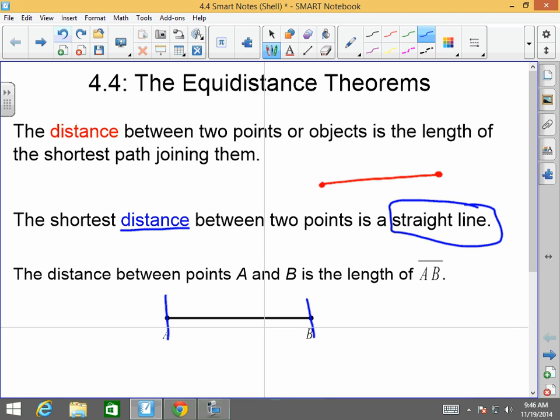That is the shortest path between 2 points, a straight line, or in this case, a straight segment. So that is what distance is. We have 1 point, another point, and the quickest or easiest way to get there, the shortest distance, is by connecting those 2 points with a straight line.